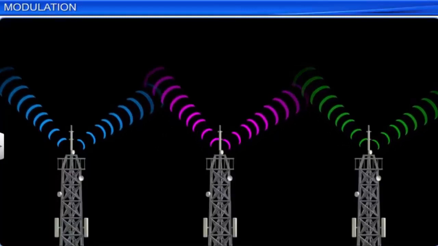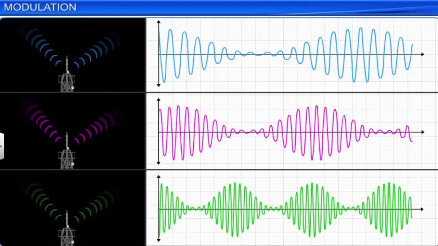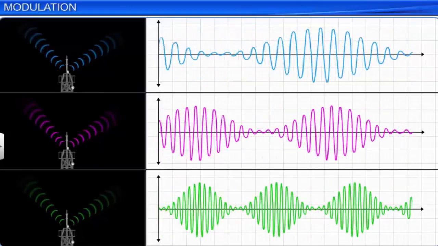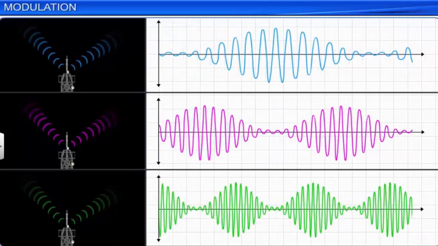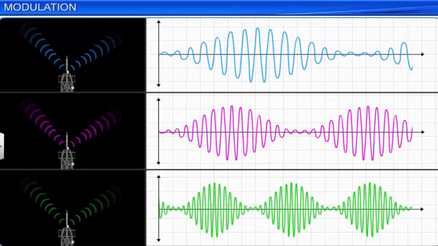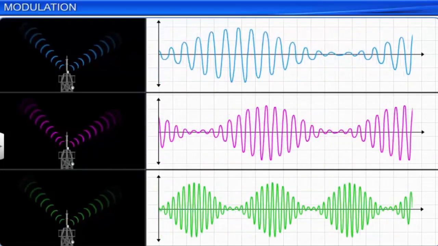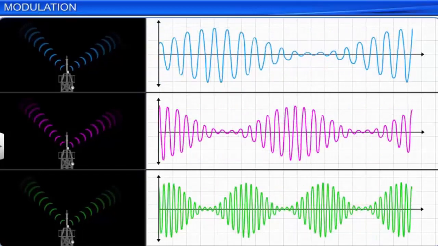This mix-up of signals can be avoided by using communication at high frequencies and allotting a band of high frequencies to each message signal to be transmitted. This gives rise to the need of translating low-frequency baseband signals to high frequencies such that the translated signal of high frequency possesses the same message that is contained in the original signal.